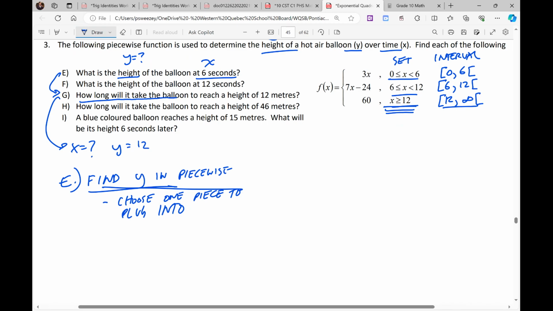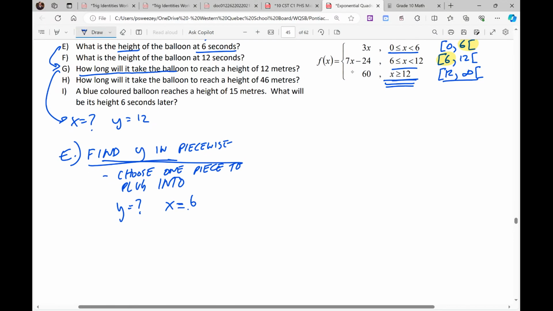So when it asks here, and this is a good first one to look at, what is the height of the balloon at 6 seconds? Well, I see 6 here and I see it here. But the difference is this one, the brackets are facing away. This one, it is hugging it. So what is the y value when x is equal to 6? Well, the piece I am going to choose is the second piece.